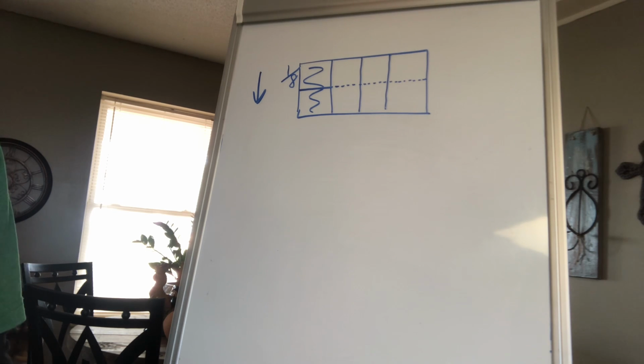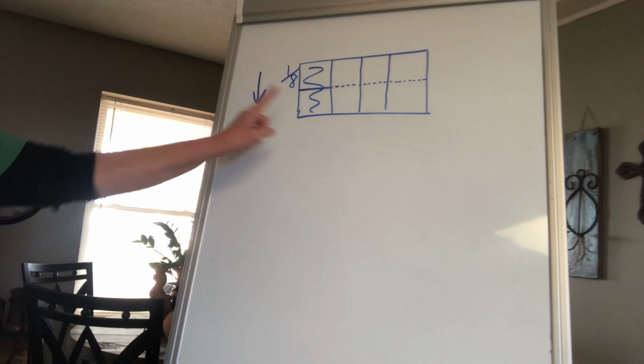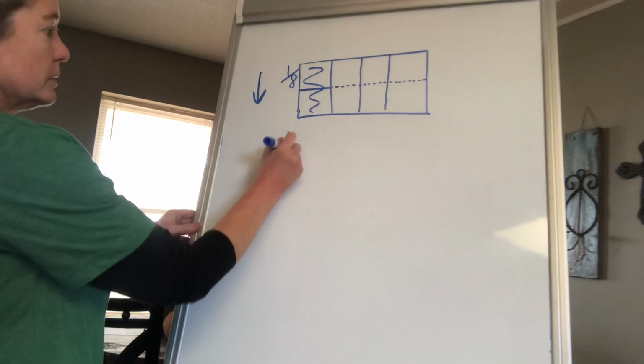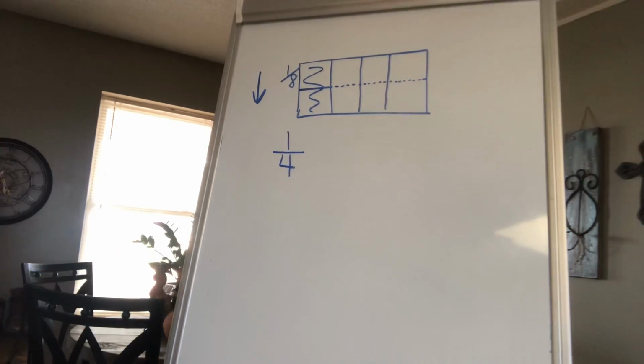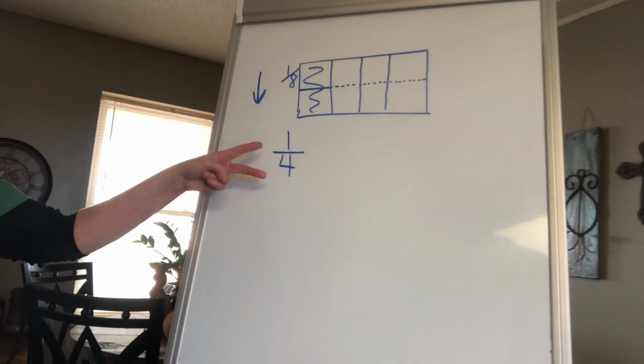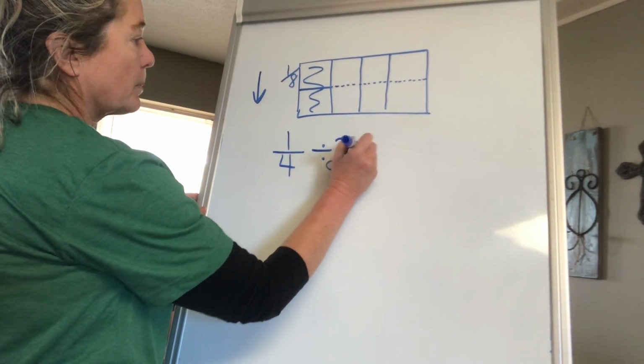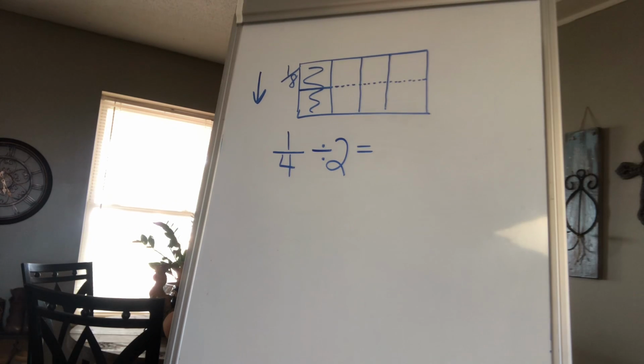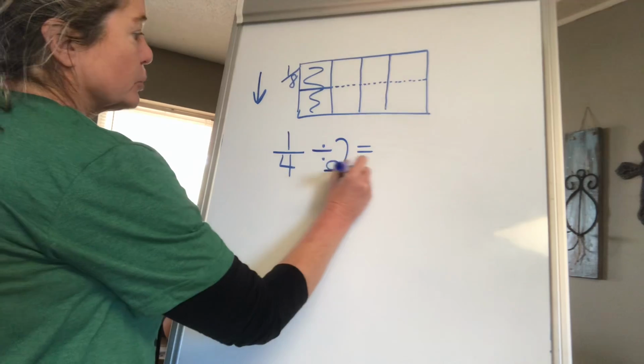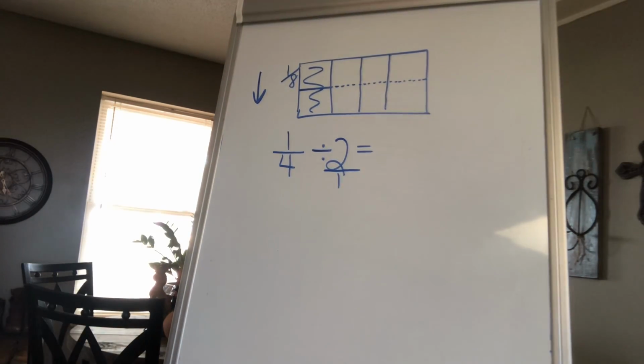All right, and number 2, it says write a division equation to represent the situation. We had a 1/4 of a pound, and we had to divide that 1/4 of a pound of potato salad between 2 whole people. We know that when we're dividing and it involves fractions, we place our whole number over a 1.